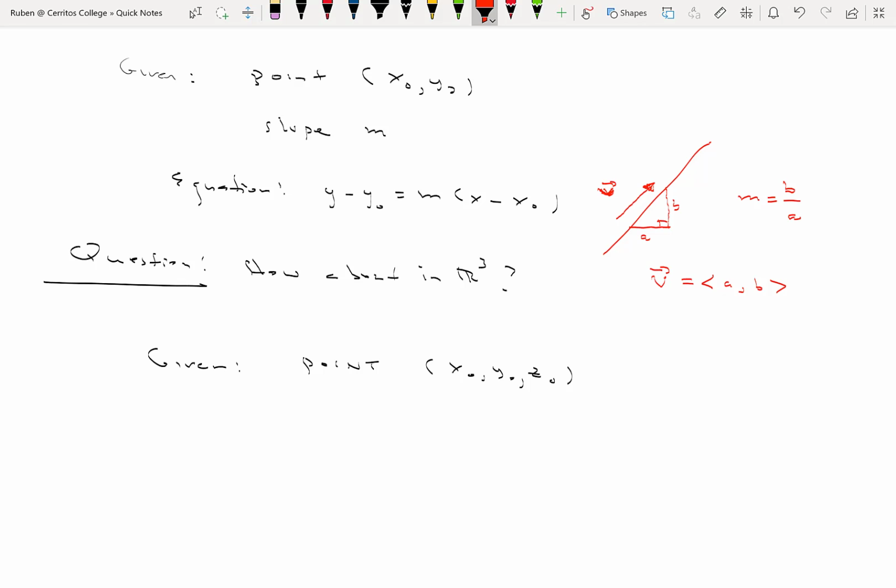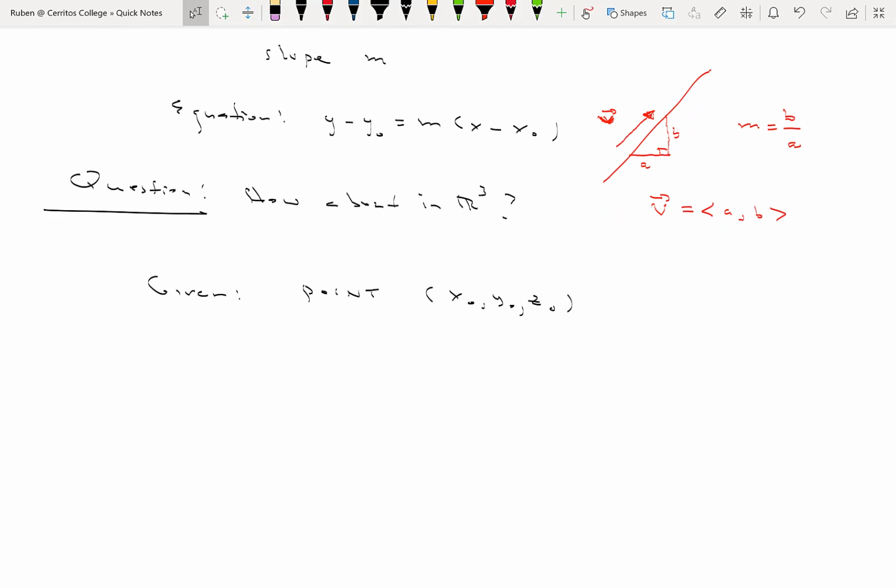Since we don't have a concept of rise over run for Calc 3, at least yet, we're going to have a sort of generalized concept of slope coming up in chapter 14, I believe it is. But for right now, we don't have a concept of slope. So instead, we're going to replace the idea of the steepness of a line being given by its slope with the steepness of a line given by a direction vector, an arrow that points in the direction of the line.